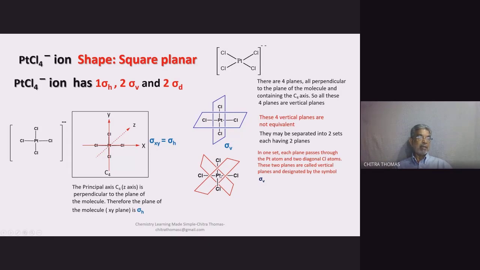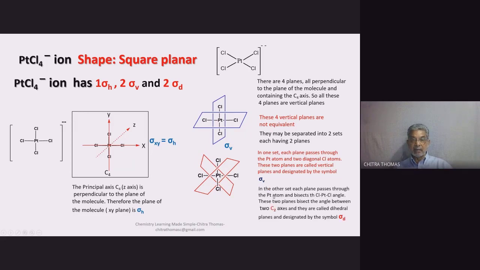In the other set, each plane passes through the platinum atom and bisects the chlorine-platinum-chlorine bond angle. These two planes bisect the angle between two C2 axes, and they are called the dihedral.